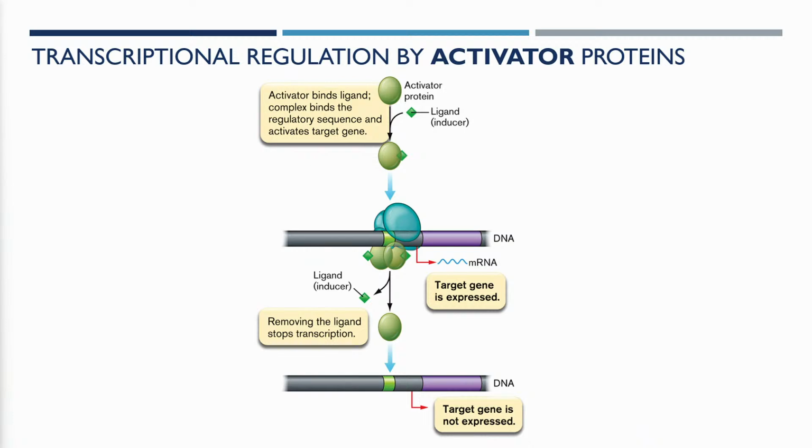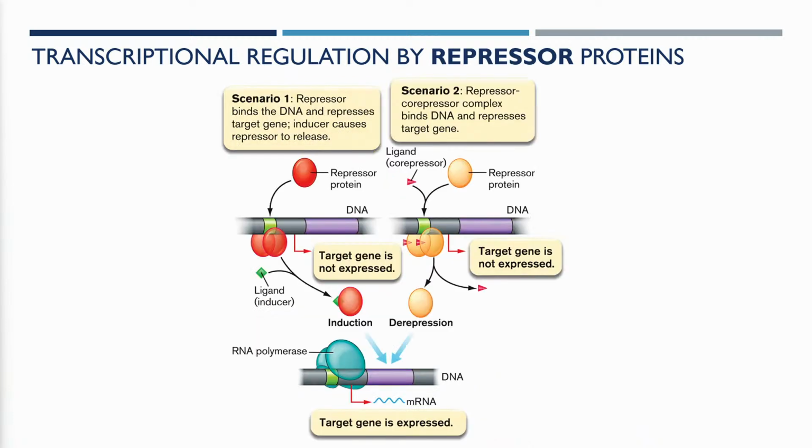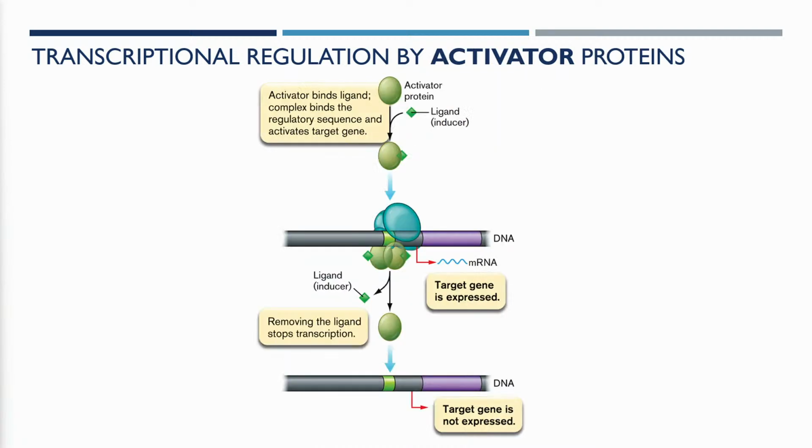So this essentially works in the opposite way of what I talked about in scenario 2, where this ligand is a co-repressor to repress, and here this ligand is an inducer for the activator. Does that kind of make sense? This one's more simple because most activator proteins need the ligand, so there aren't really many situations where the activator protein binds on its own.